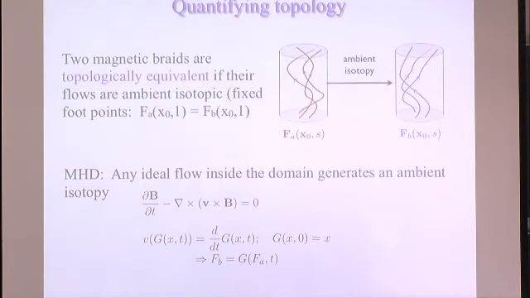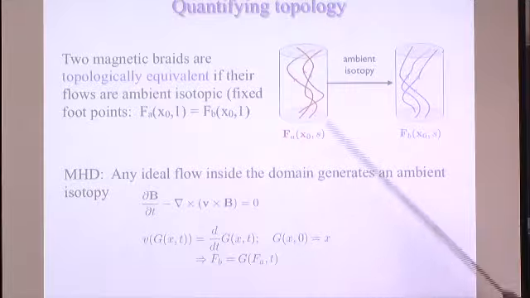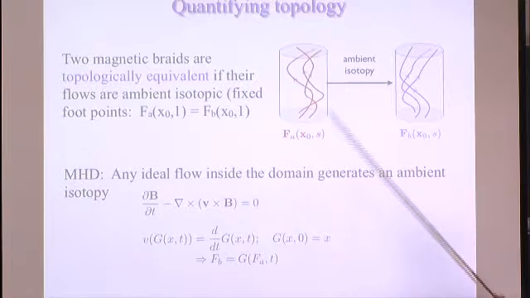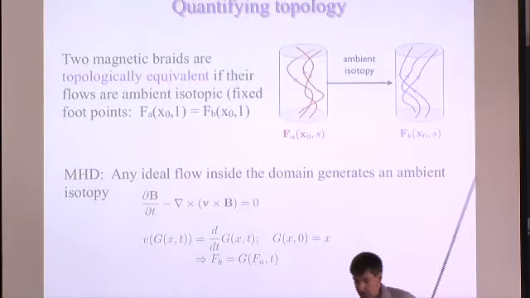And in terms of MHD, this would correspond, for instance, to an ideal evolution inside this domain, which does not affect the boundary point. Then you get, from the flow of the velocity field, such an ambient isotopy.